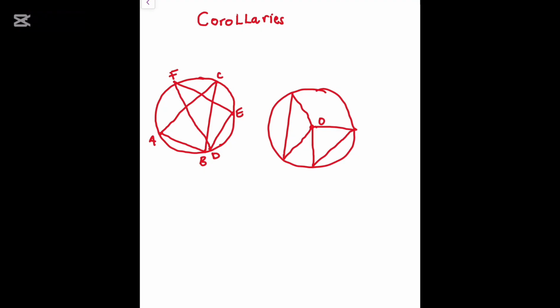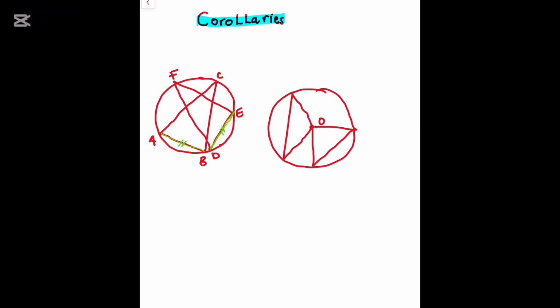We also have these corollaries that you need to remember. The first one says if AB is equal to DE, if these two chords are equal, they will always subtend equal angles.